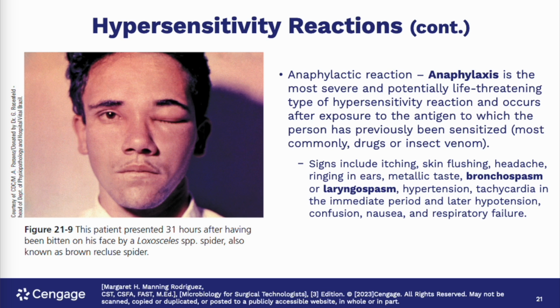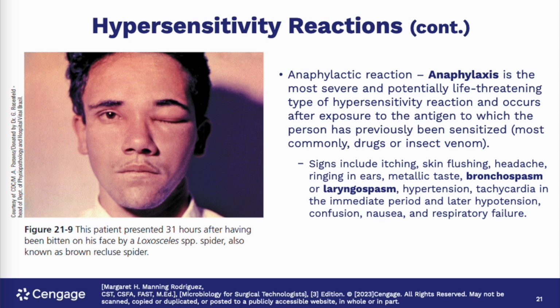A blood sample from the blood bag is sent to the blood bank to rule out a mismatch. Steroids are given, and then you're monitoring the patient's urine via the Foley, looking for hypovolemia, and the patient may require dialysis to remove the mismatched blood. So just things to think about.